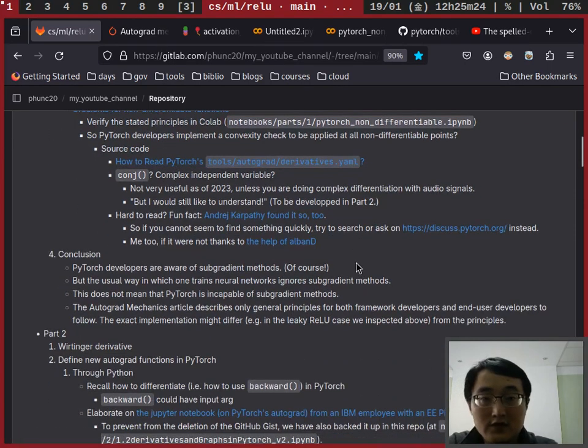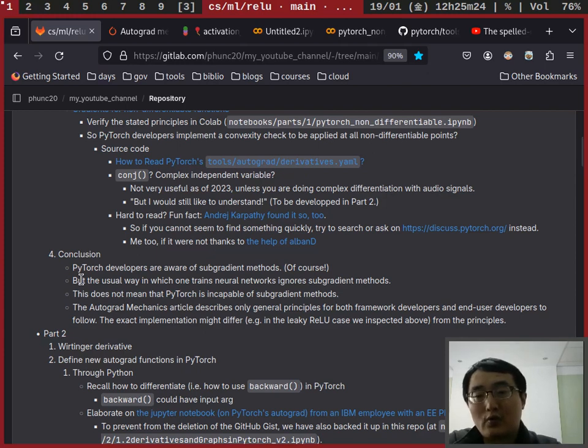So, conclusion. ReLU prime of 0, PyTorch knows how to do it. PyTorch indeed deals with it, and PyTorch developers are well aware of subgradient methods.